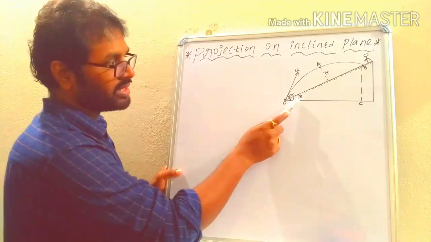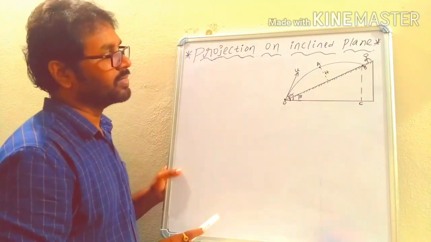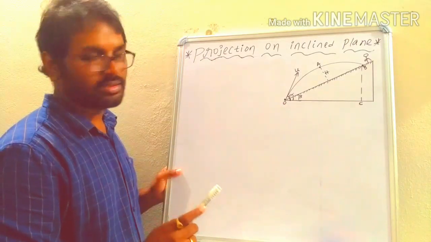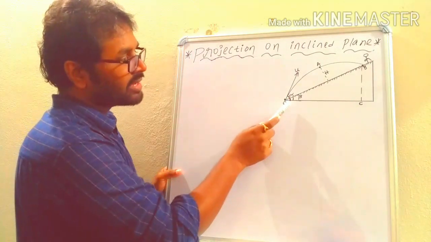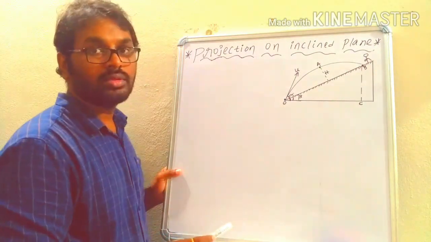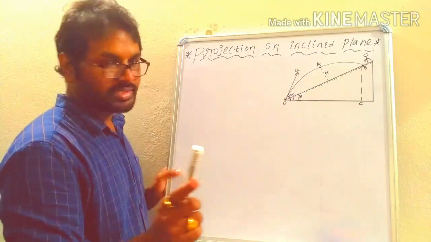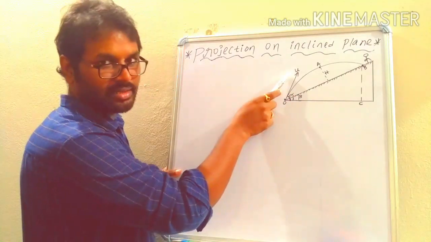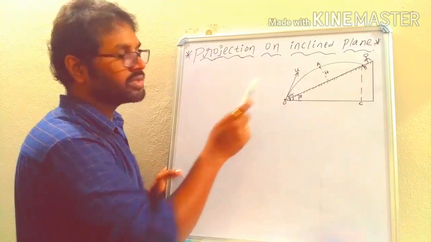From the point O, a particle is projected with initial velocity u, which makes an angle alpha with the base of the inclined plane. Please notice alpha is the angle made by the projectile with the ground, not with the inclined plane.